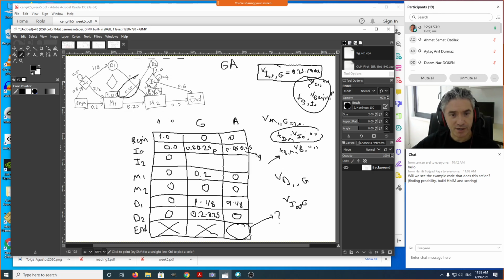And for I2G, first of all, the self-transition for I2G is going to be 0 because I have to emit something beforehand. So what I'm looking for is the probability of D2 empty. Let me just write it here, I2G.